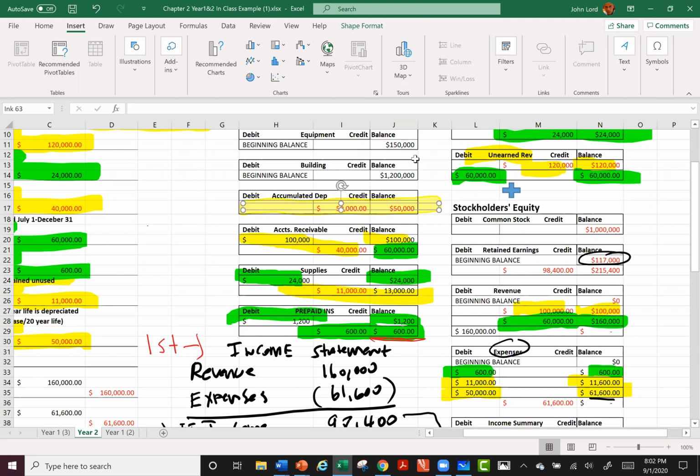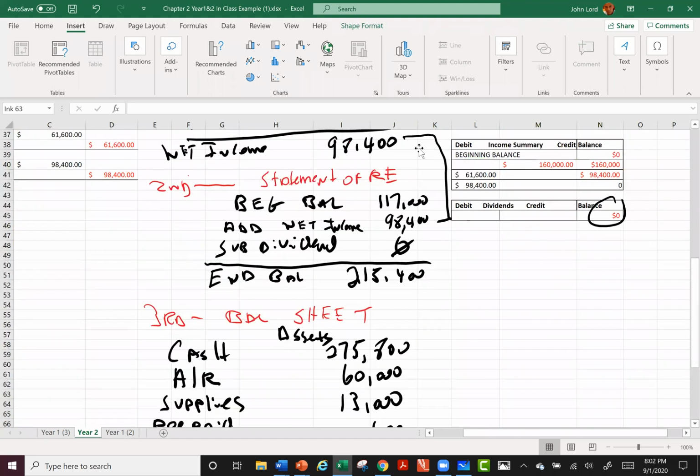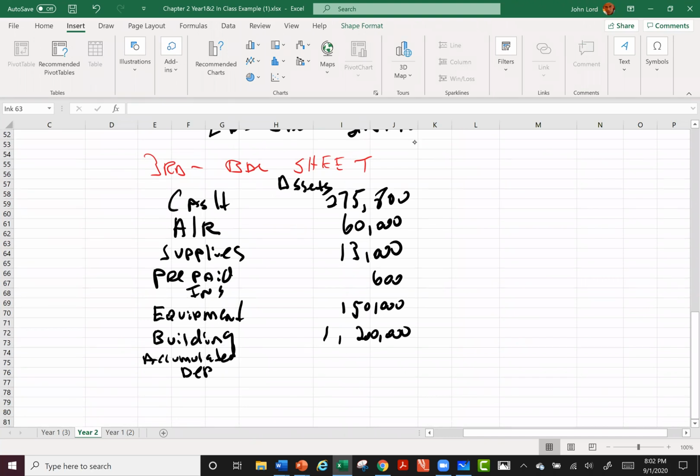So when I report accumulated depreciation of 50,000 here, that contra asset allows the user of the financial statement to say, okay, you got a building that you paid 1.2 million for. Well, it's not brand new. It's a little older. Next year, that'll be 100,000. Eventually that's going to be $1 million, and then someone's going to look and say, wow, that's a really, really old building. So I report it as a contra asset, against the asset that it's related to.